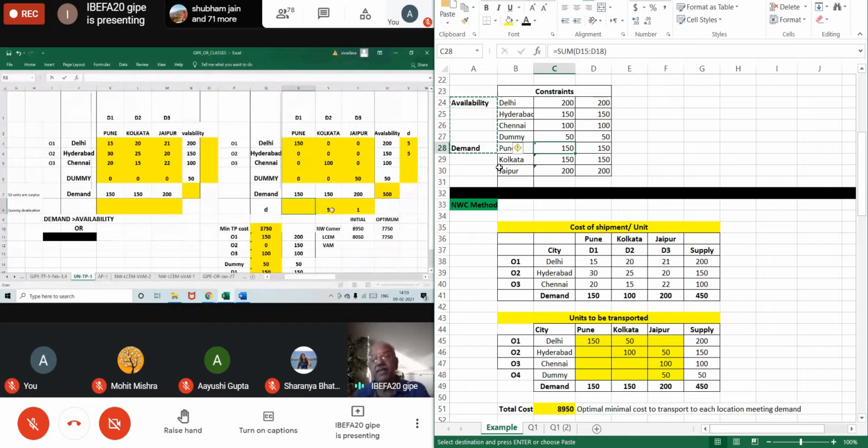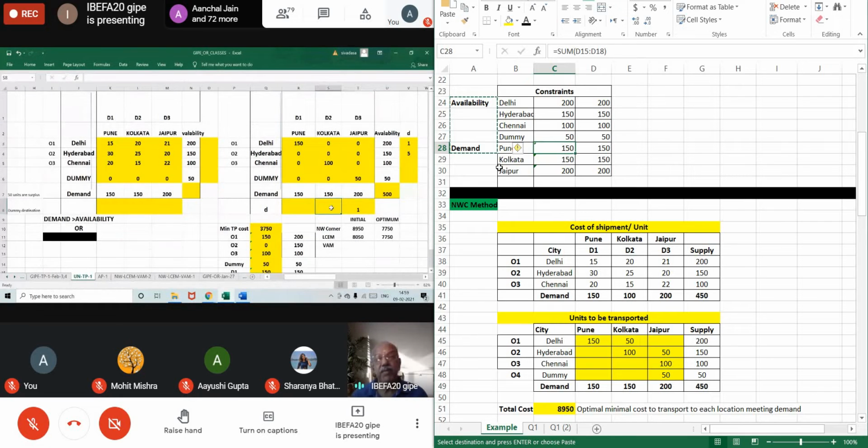So these differences will go. Now this difference is 1. Next 20 and 25, 5. No more difference, no more difference. Here 20 and 21, 1.